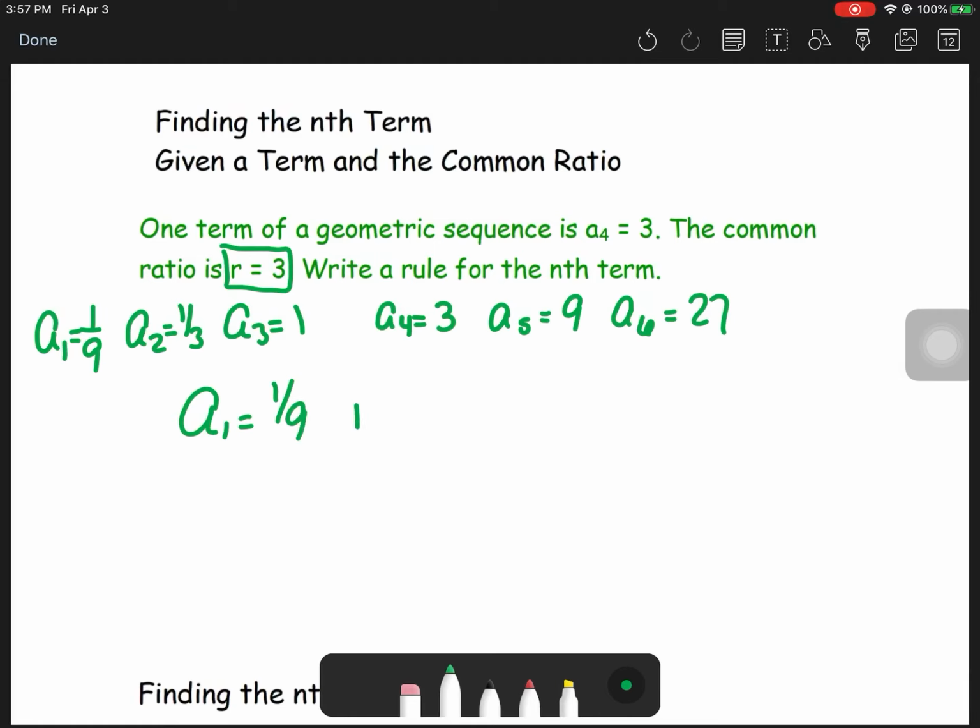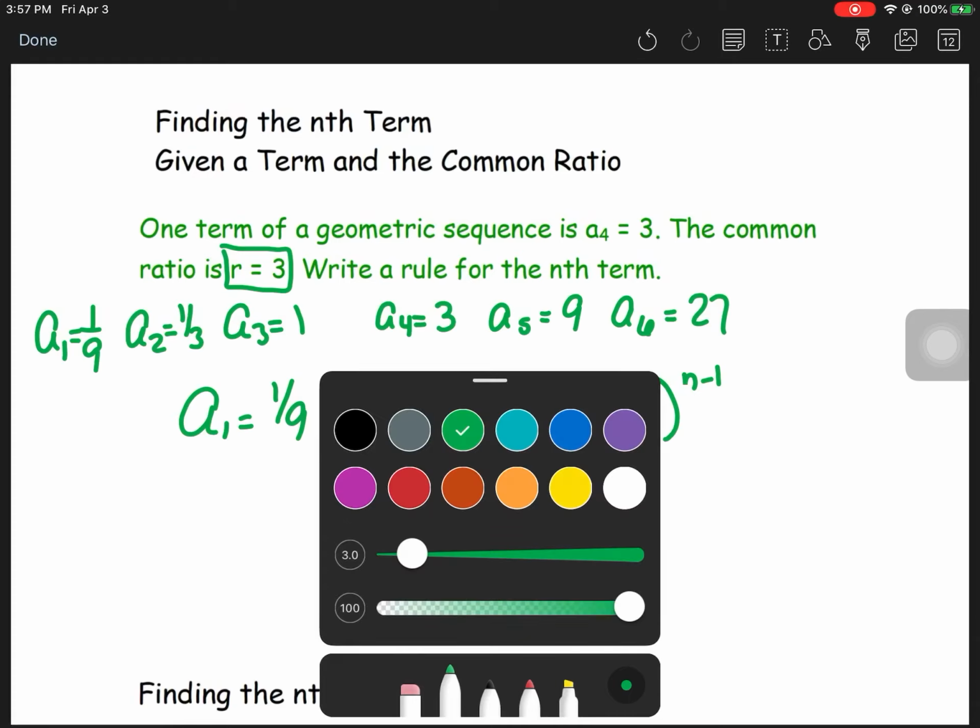My rate is multiplying by 3. So if I would like to write my sequence, it says write a rule. So that's going to be a sub n is equal to 1/9 times my rate, which is 3, to the n minus 1 power.